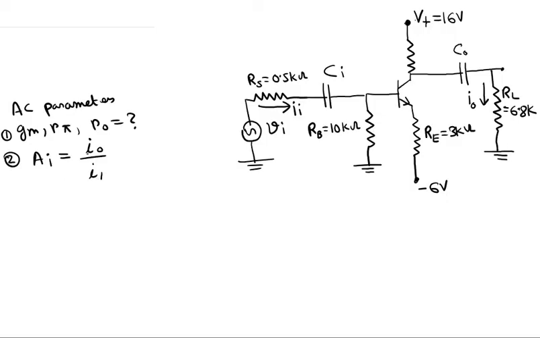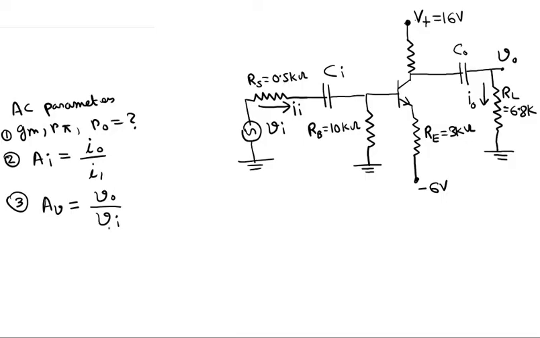So this is the small signal current gain, and then we have to find the small signal voltage gain, or simply the gain. Here it is written as AV because the current gain we have written as AI. So AV is basically the small signal voltage gain, which is V0, the AC component of the voltage here, divided by Vi.